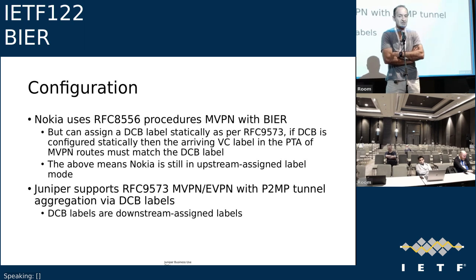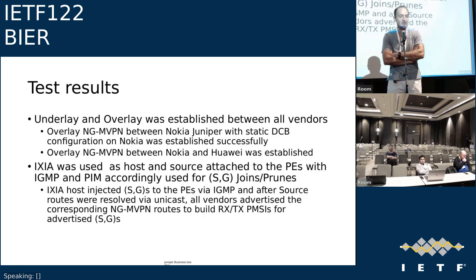When we did this implementation, we brought up the overlay NG MVPN with Huawei, and we brought it up with Juniper as well. So everything came up, no problem. Where a little bit of disagreement came between the routers is the BIER next header protocol.